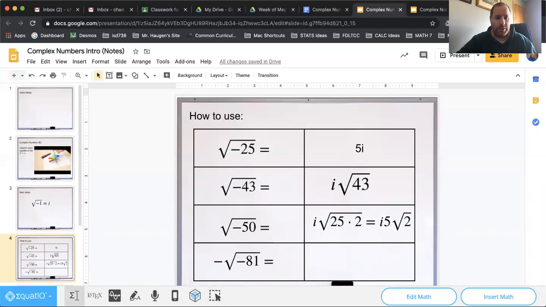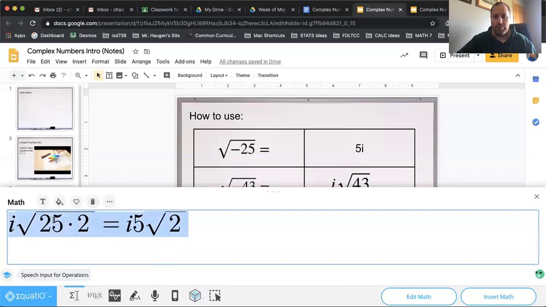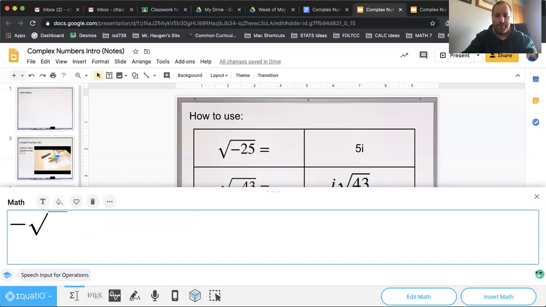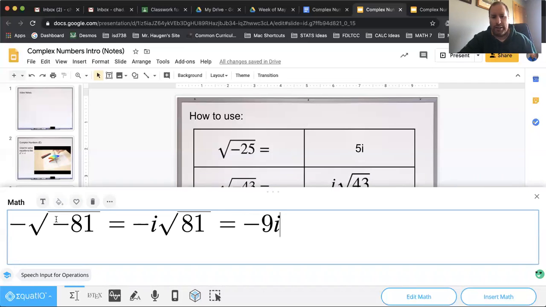In this one here, we have to do the square root of the inside stuff first. So here, what we'd have to do is say that this is negative i times the square root of 81. I'm going to do that one step at a time. I know most of you probably know that 81 is 9, and then we go from there.